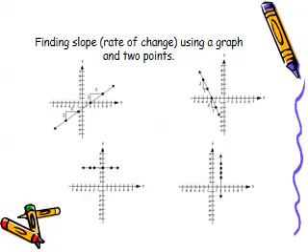How about this graph right here? Well, if we consider the rise over the run, then these points have a rise, so they're going up by 1 or 2, depending on which 2 points you use to measure between. But there's no run, so we're dividing by 0. So dividing by 0, that's undefined.